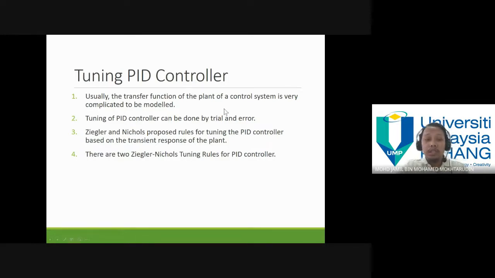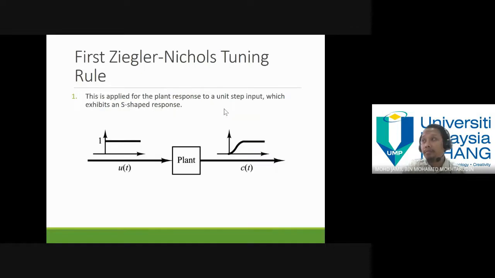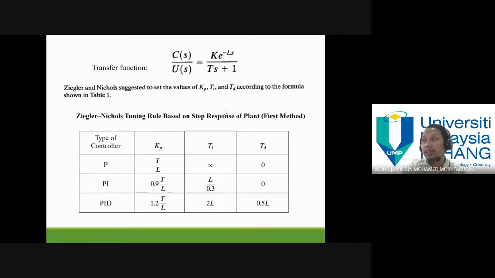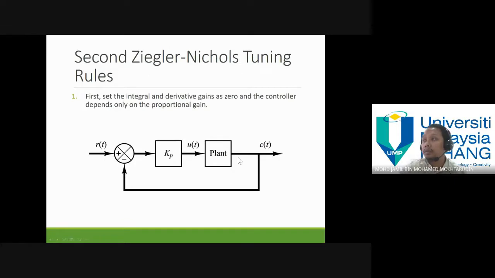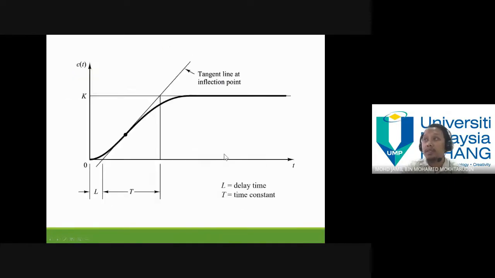Usually the transfer function of the plant of a control system is very complicated to model. In the ideal case, we can identify the transfer function of the plant.